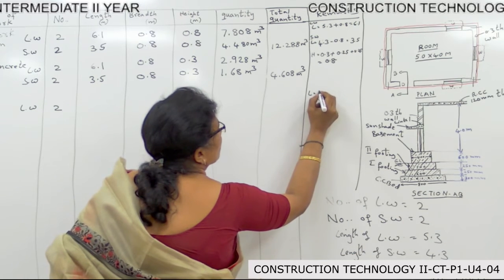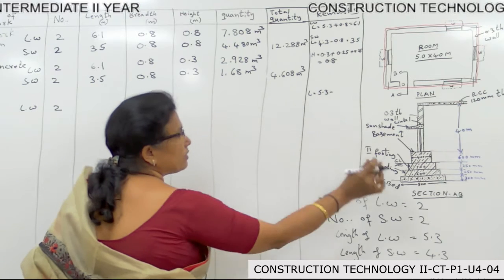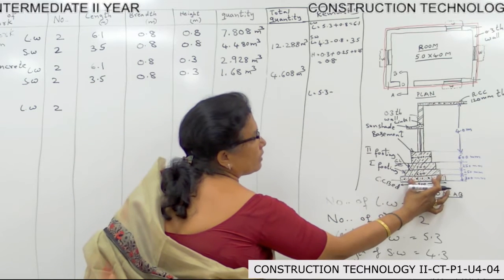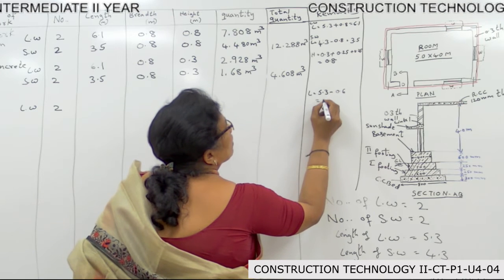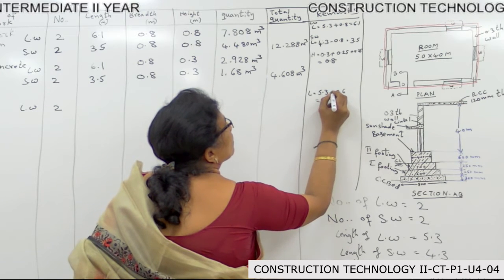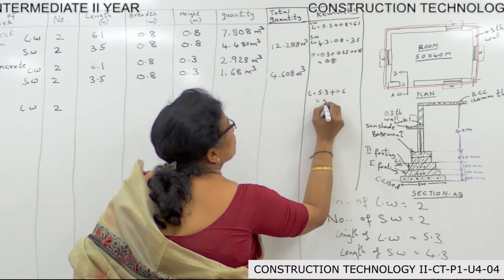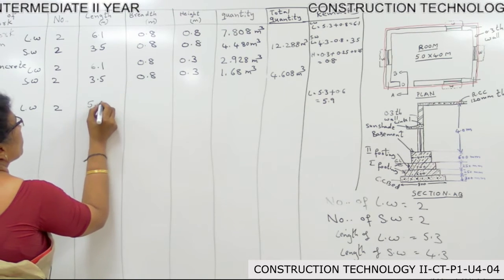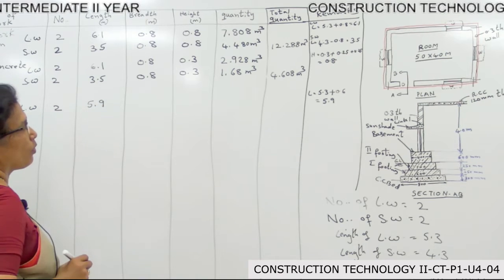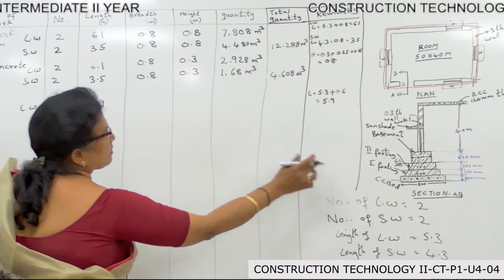Long wall, 2 long walls for first footing. Now length is how much? Take the center to center length, 5.3. For this, you have to add this width, that is 0.6. So 5.9.